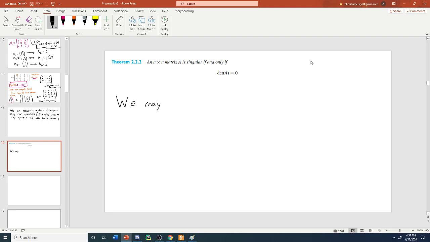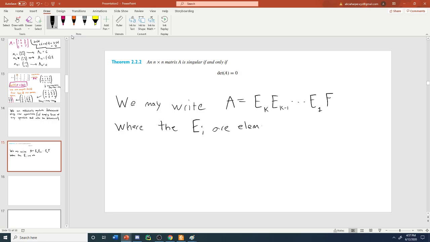We may write A as E_k times E_{k-1}, and so on, down to E_1 times F, where the E_i are elementary matrices, thus have non-zero determinant.